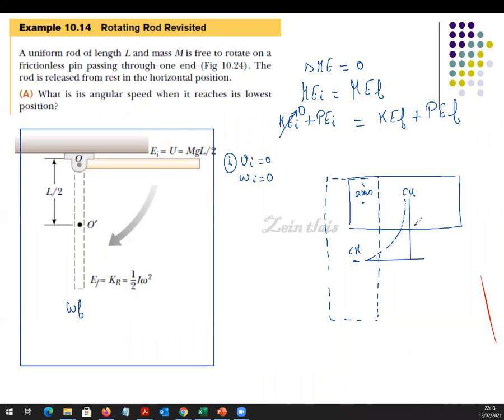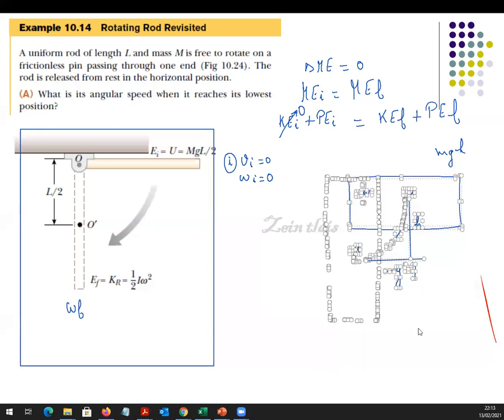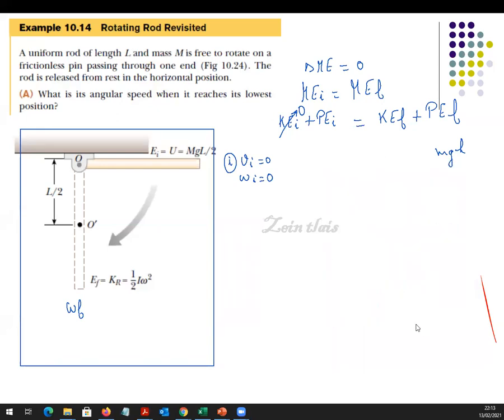Initially the system has a potential mgh, and finally the system has a potential mg times 0, because we don't have a height of the center of mass. So in this case, we talk about the center of mass.